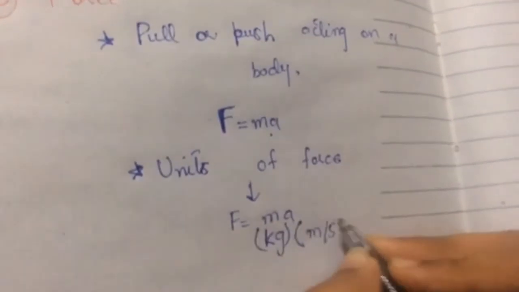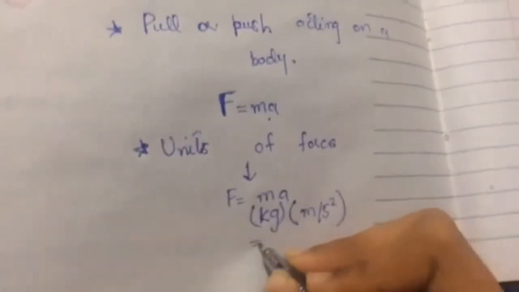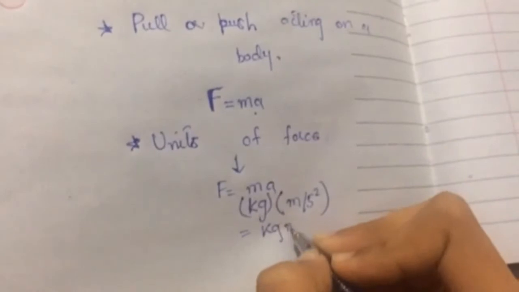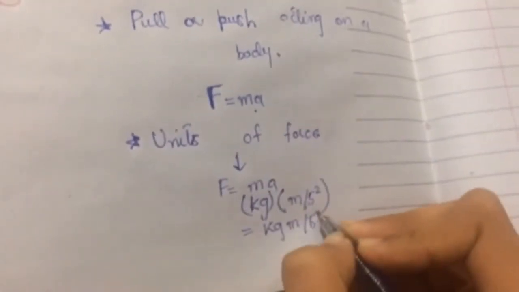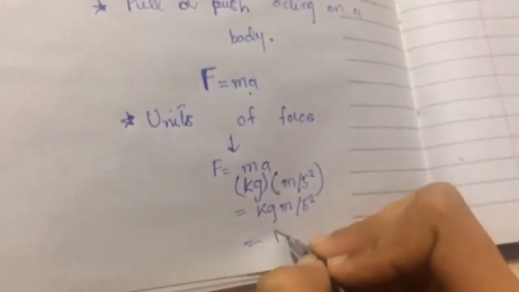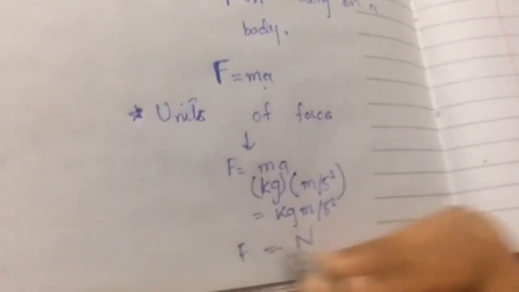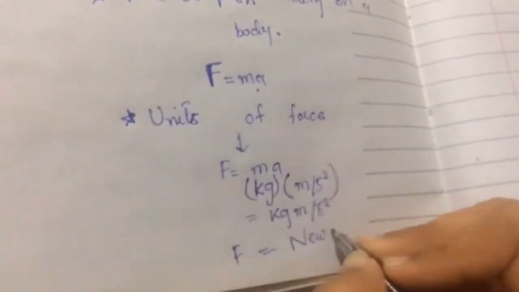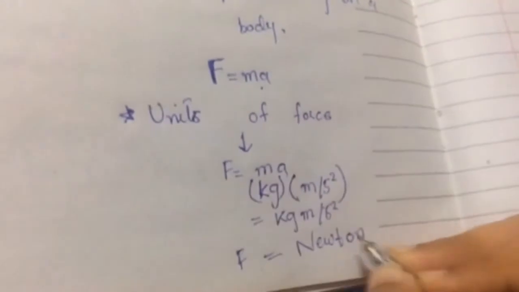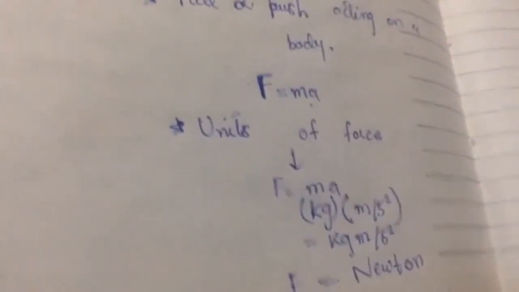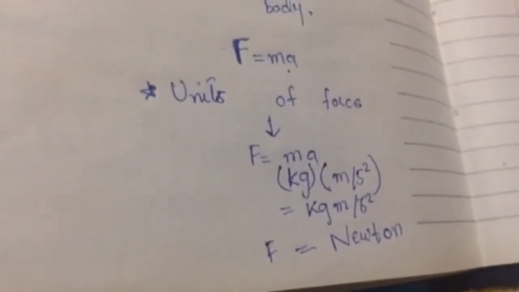So these are the basic units, kg meter per second square, and as we know this is equal to newtons. So these are the units of force. Force is equal to newton. This is according to the common unit system or metric system.